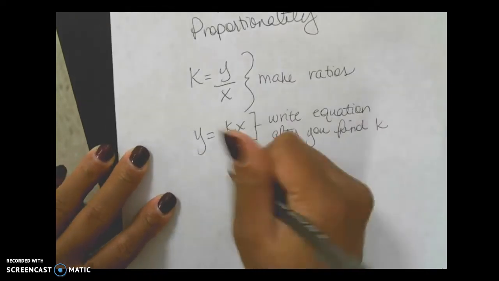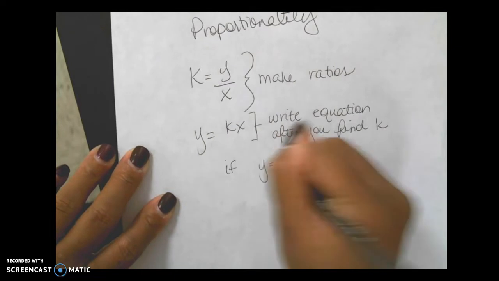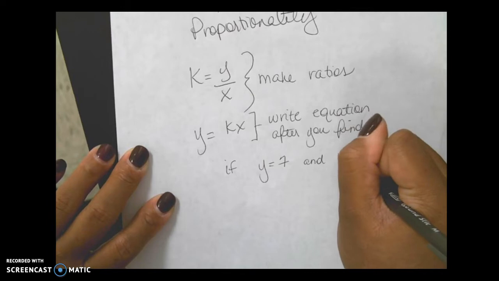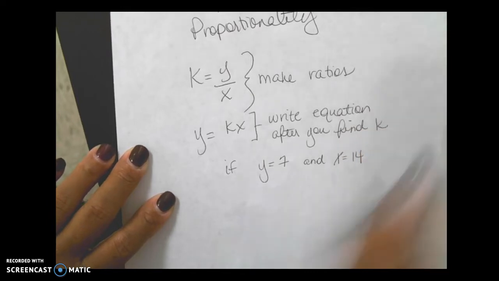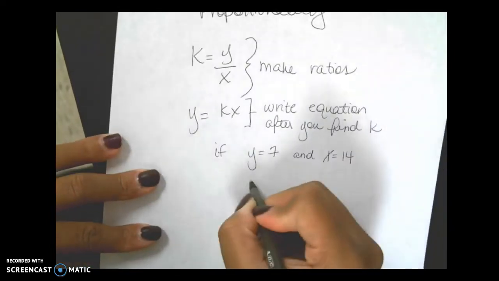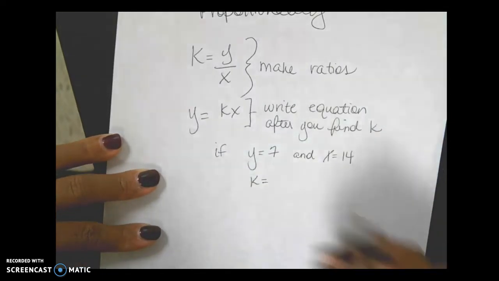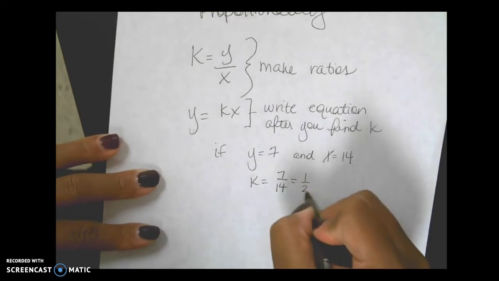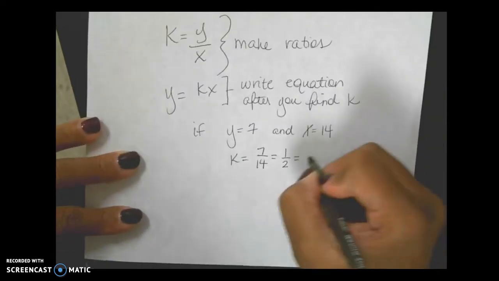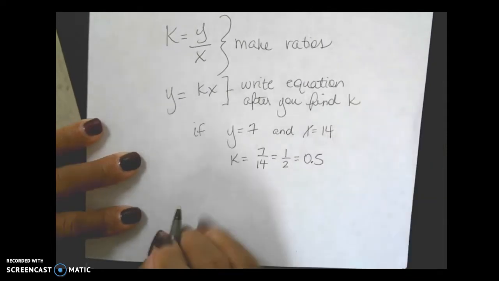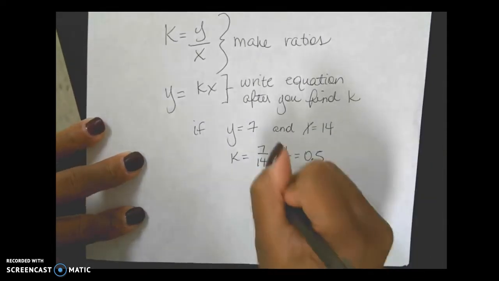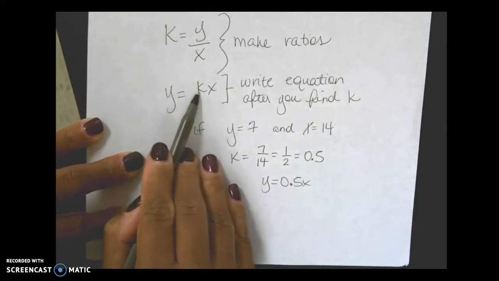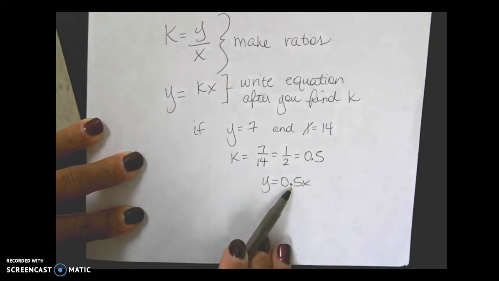So for example, if y equals 7 and x equals 14, my constant of proportionality is going to be 7 to 14, which I can reduce to 1/2, which I can also rewrite as 0.5. So now I want to write my equation. It would be y equals 0.5x. I take out the k and I put in whatever I calculated.